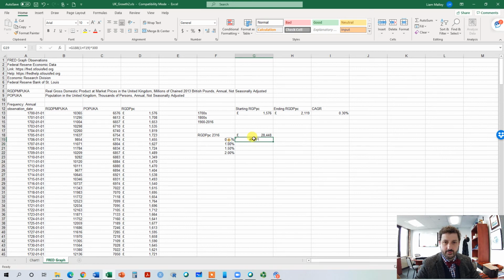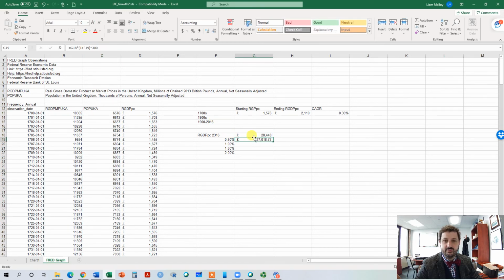And so, I made a mistake. What did I do? Equals, I don't know why it said 118. That should be G18 there. There we go. Oh, I know what I did. I didn't do the times correctly. That's what it is. So it's G18 times 1 plus F19 to the 300 power.